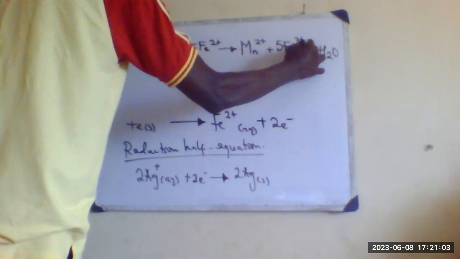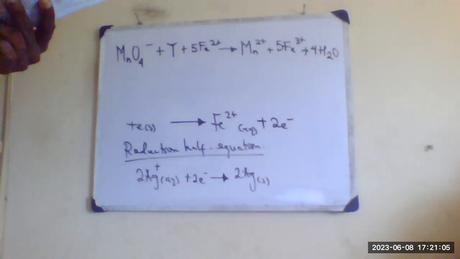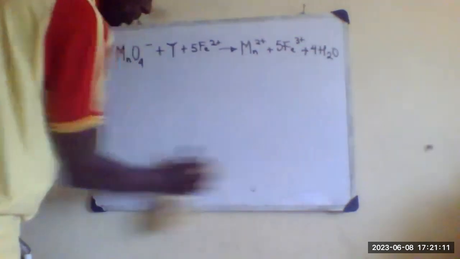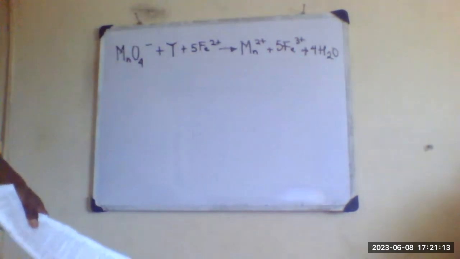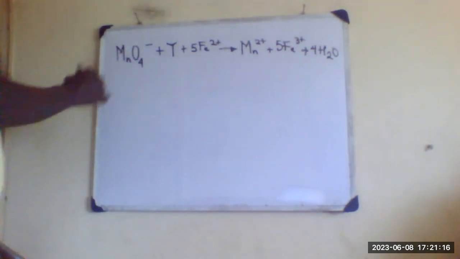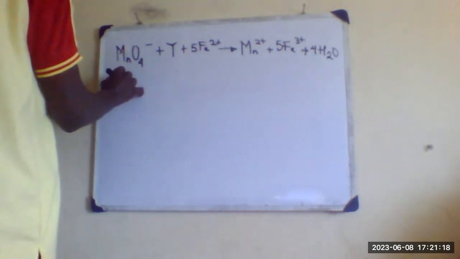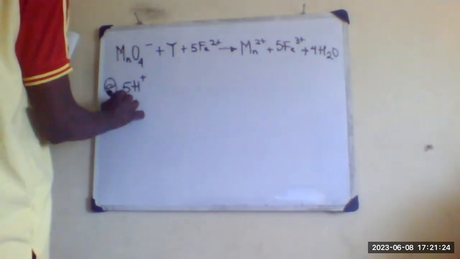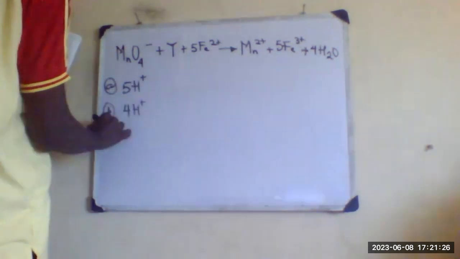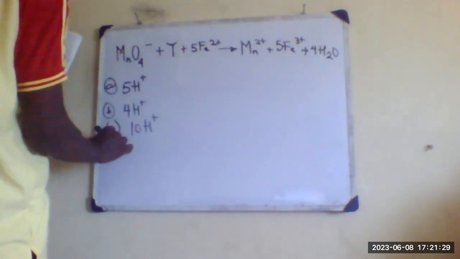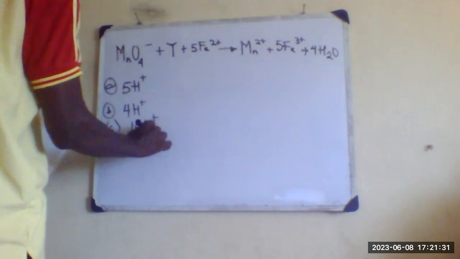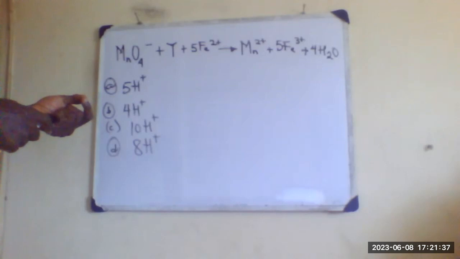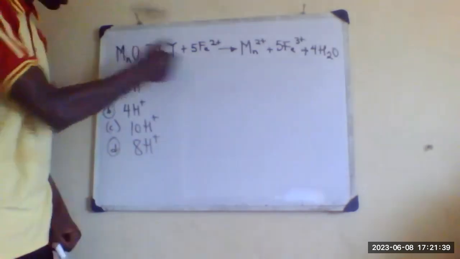In the reaction above, what is the value of y? This is an objective question, so the student could be faced with balancing a redox reaction in an objective situation. The options are A, +5, B, C, and D. So what do you think is the answer, please?